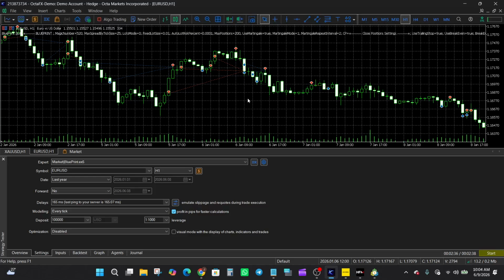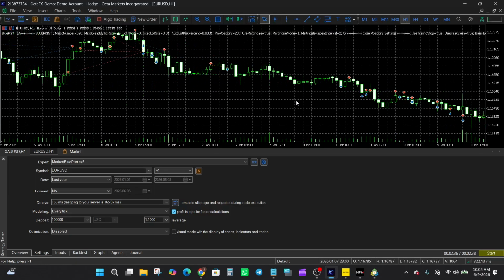So when reviewing the historical performance, it is important to remember that results are influenced by factors such as lot sizing, risk settings, broker execution quality, spreads, slippage, leverage, and market conditions. Any optimization choices made by the user can also have a significant impact on outcomes.